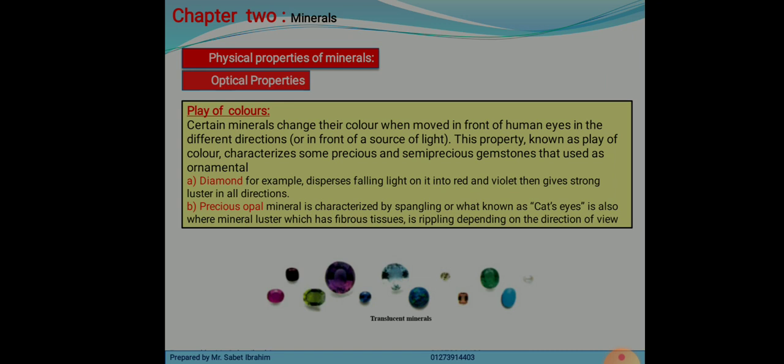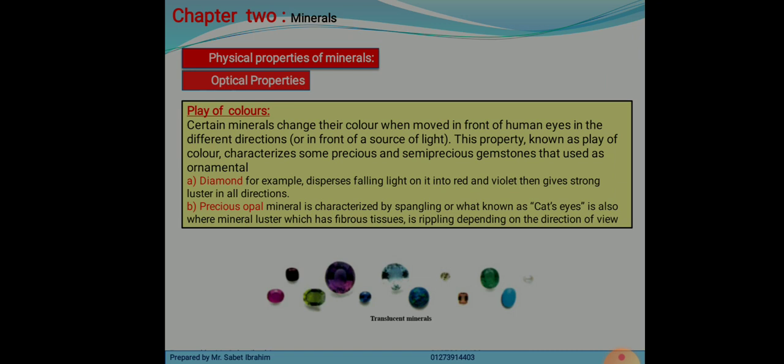Precious opal. This is a mineral characterized by spangling, or known as cat's eyes. So precious opal, characterized by cat's eyes, is also with a mineral luster, where the mineral luster has fibrous tissues and rippling depending on the direction of view.